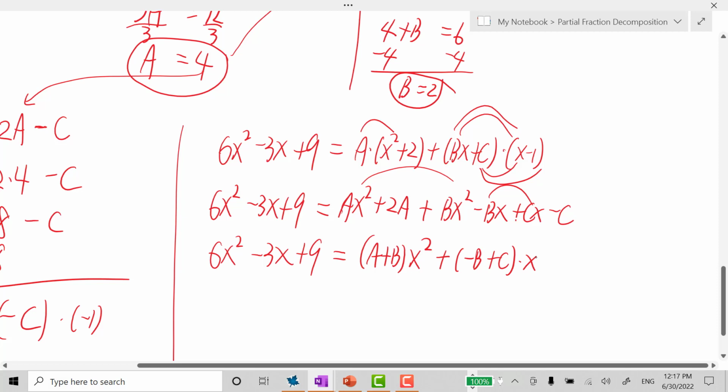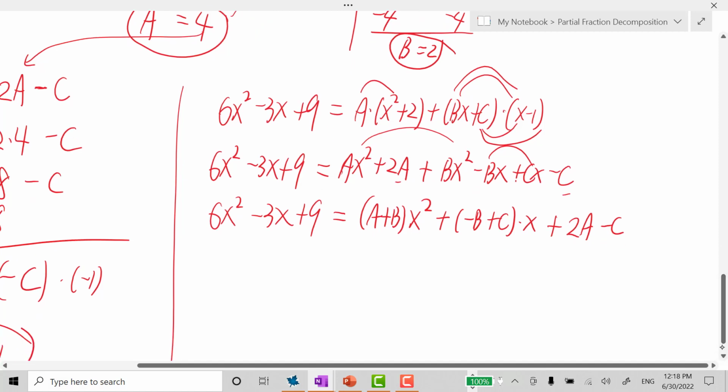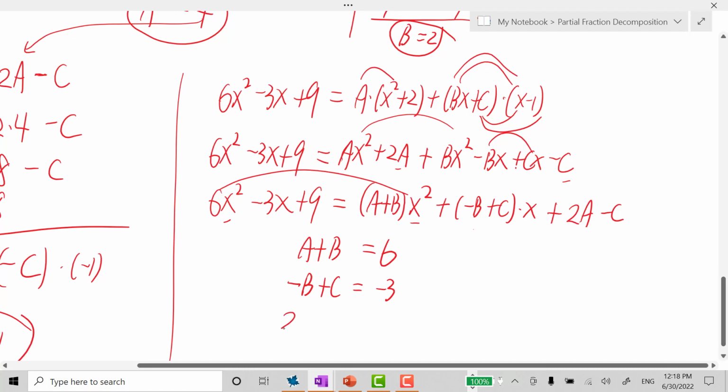And we put the constants together: 2a and minus c. Now equalize these. The square term coefficient must be the same, so a plus b must be 6. For the linear term, minus b plus c equals negative 3. And for the constant, 2a minus c must be 9.